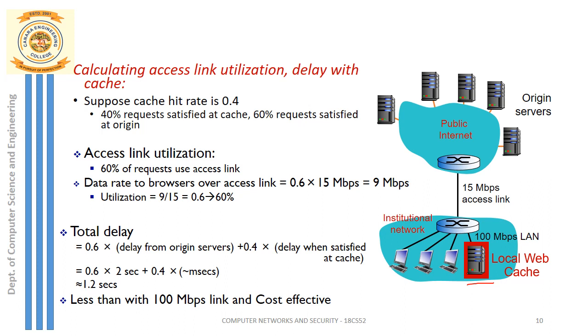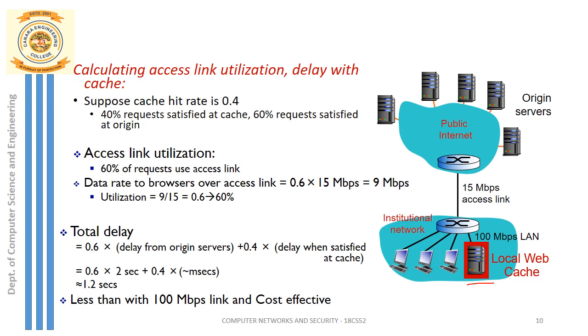If we consider that the hit rate is 40%, that means 40% of the requests will be served by the web cache and 60% of the requests will be served from origin servers, then what will be the access link utilization?